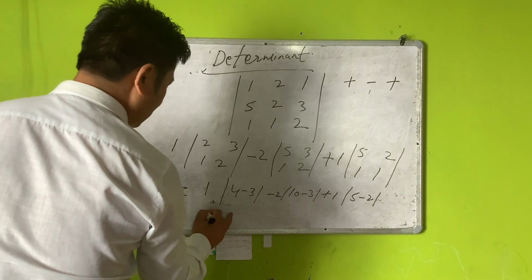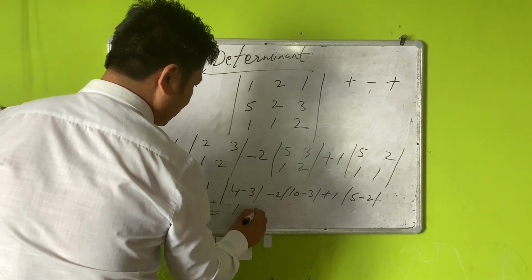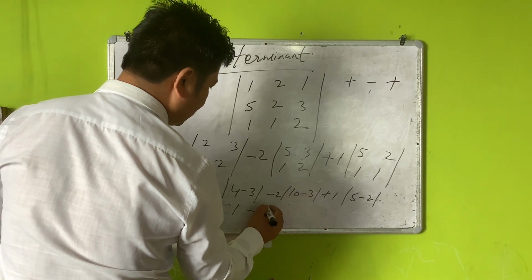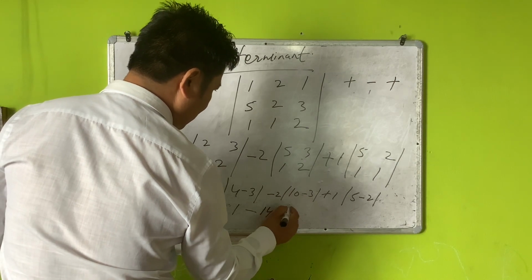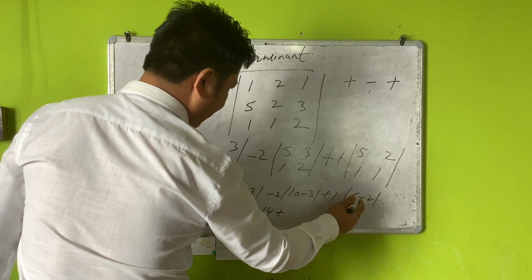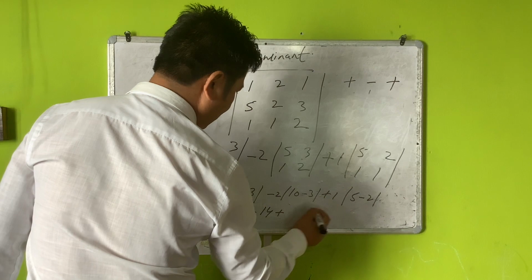Okay, so this is 1 into 1, 1 minus this thing 7 into 2, 14. Okay, plus this thing is 5, 3 5 minus 2, 3 3 into 1, 3.